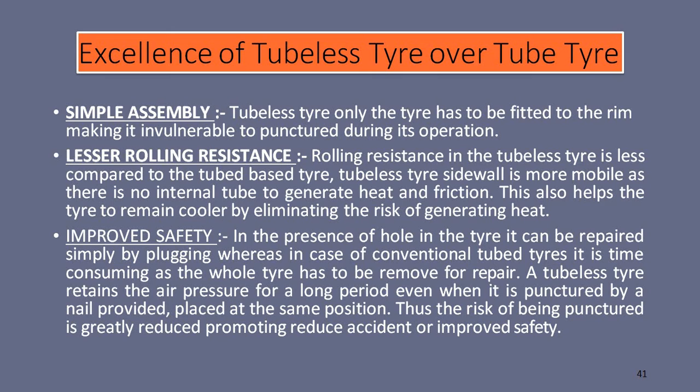A tubeless tire retains the air pressure for a long period even when it is punctured by a nail, provided the nail stays in the same position. Thus, the risk of being punctured is greatly reduced, promoting reduced accidents and improved safety.